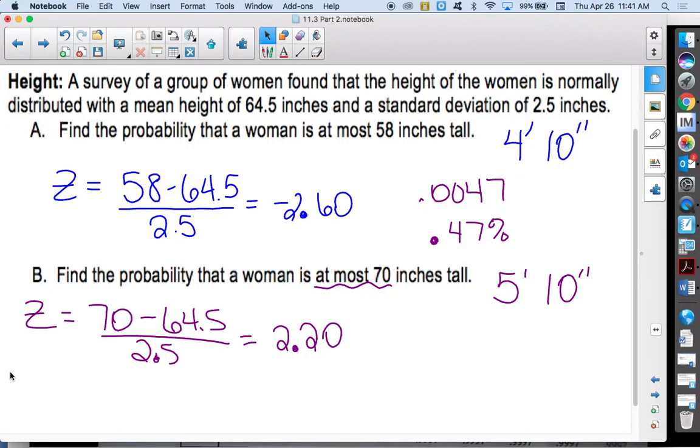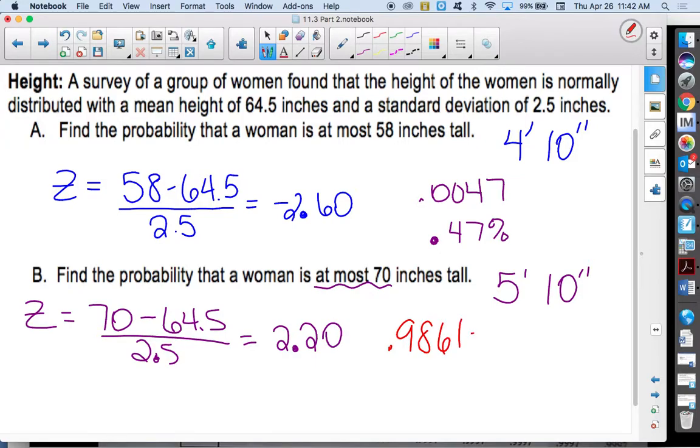That's how much is shorter than. So that would be 98.61%. So Savannah is taller than 98.61% of females.